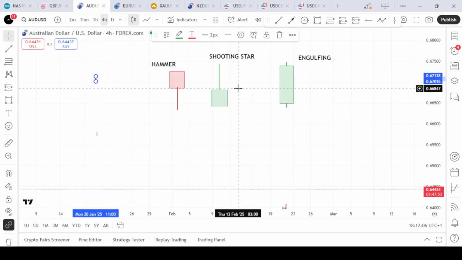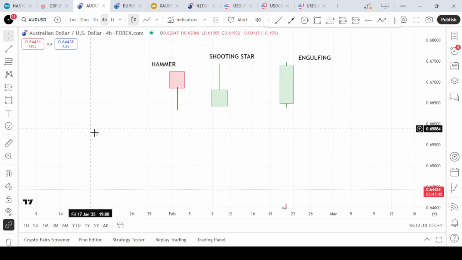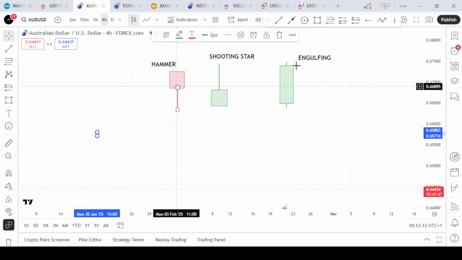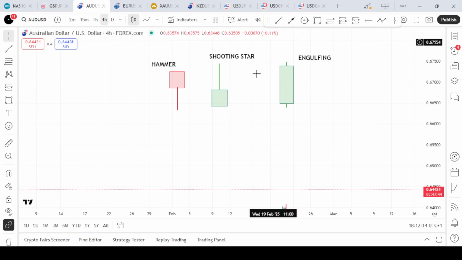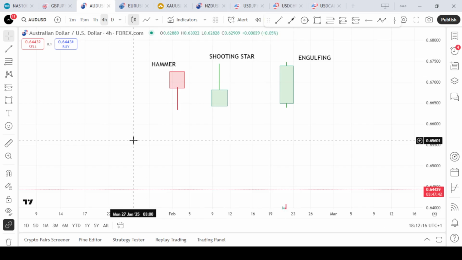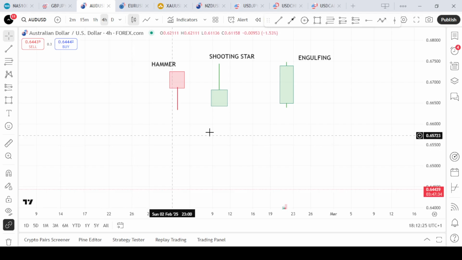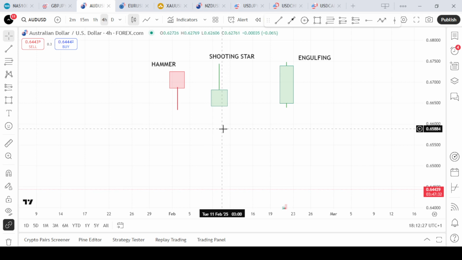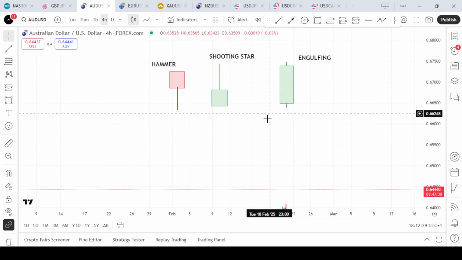So we will talk about the engulfing candlestick pattern. An engulfing candlestick pattern consists of either a bullish engulfing pattern or a bearish engulfing pattern. A bullish engulfing pattern consists of a bearish candle followed by a large bullish candle.